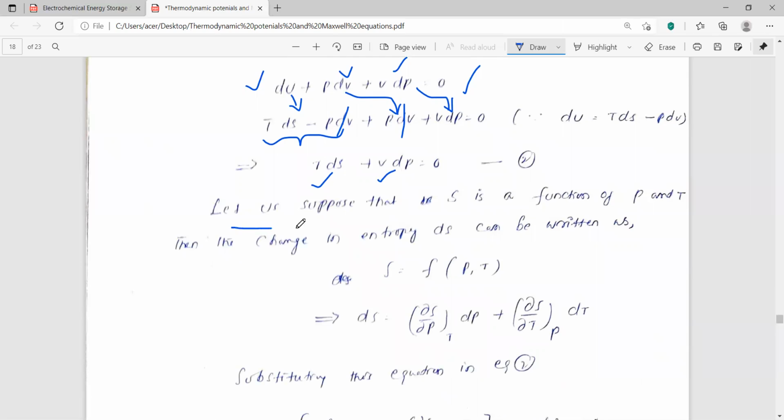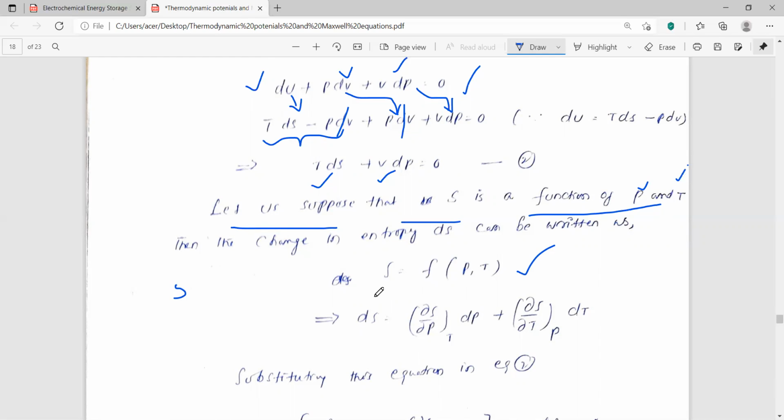Now, let us suppose S is a function of P comma T. If we take entropy as a function of pressure and temperature, it can be written as S equal to f of P, T. S can be taken as a function of P comma T, or as a function of V comma T, like that. According to the situation, we can take entropy as a function of different variables.